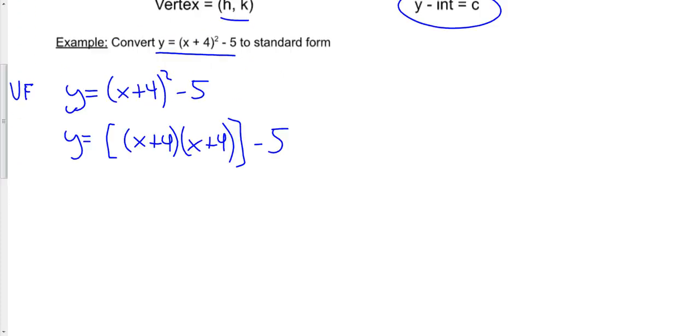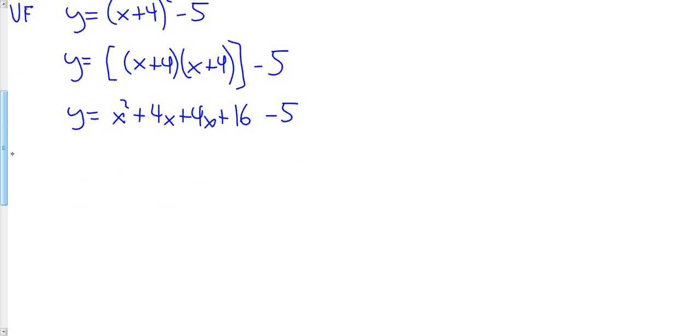That's going to give me y is equal to x squared plus 4x plus 4x plus 16 minus 5.